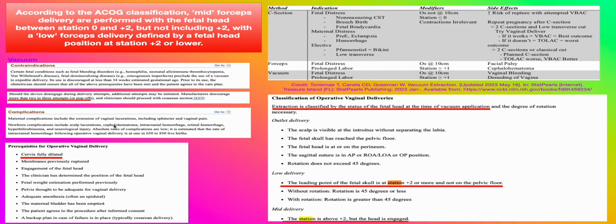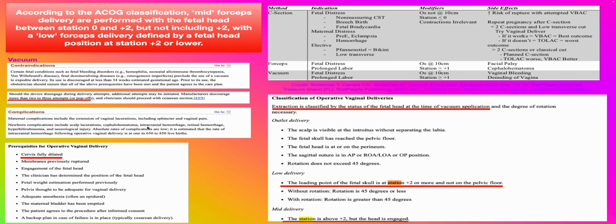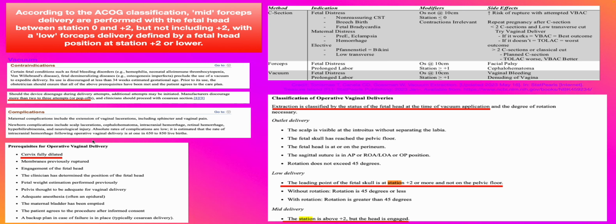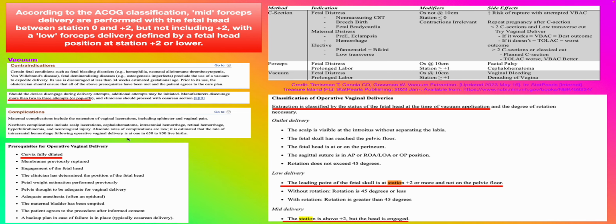But as we can see here, these are complications specifically for the vacuum-assisted vaginal delivery. So we have the extension of vaginal lacerations, sphincter and vaginal pain for mom, and scalp lacerations, cephalohematoma, like I mentioned, more commonly associated with the vacuum-assisted, intracranial hemorrhage due to the suction force, retinal hemorrhage, hyperbilirubinemia, and neurological injury.